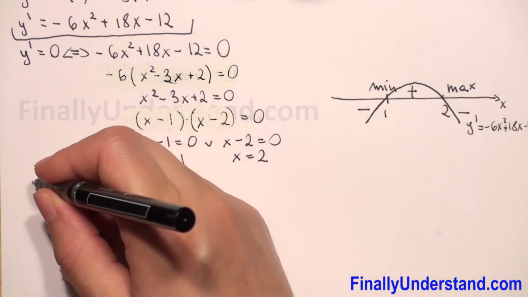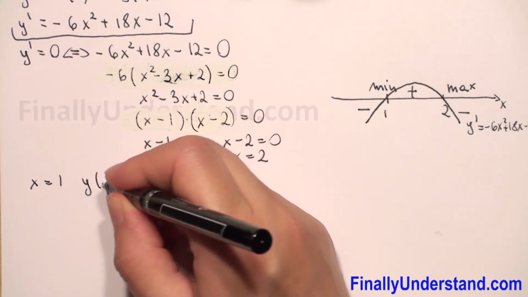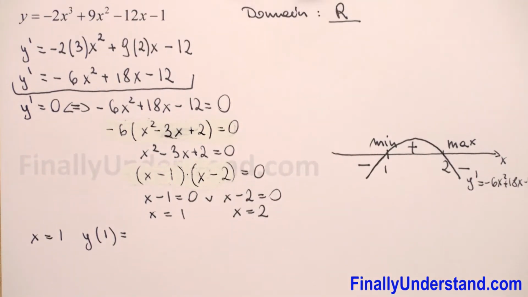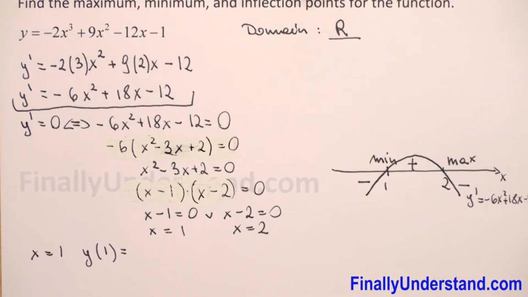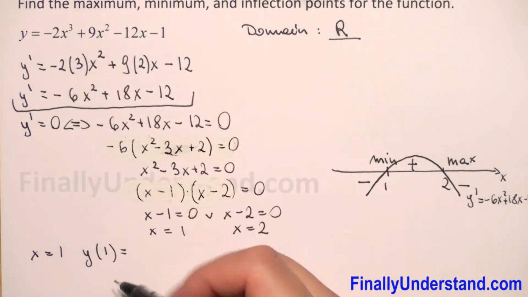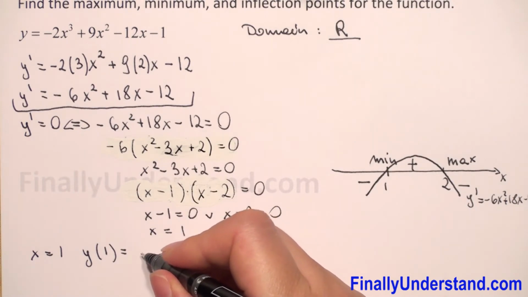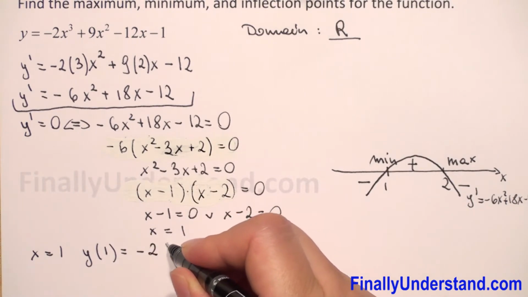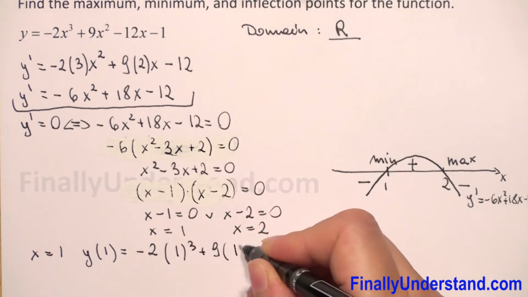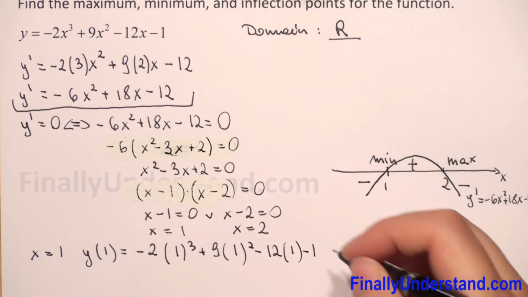So for x equals 1, y of 1 is equal to, we need to replace in our y function x by 1. So it will be negative 2 times 1 to the third power plus 9 times 1 to the second power minus 12 times 1 minus 1.